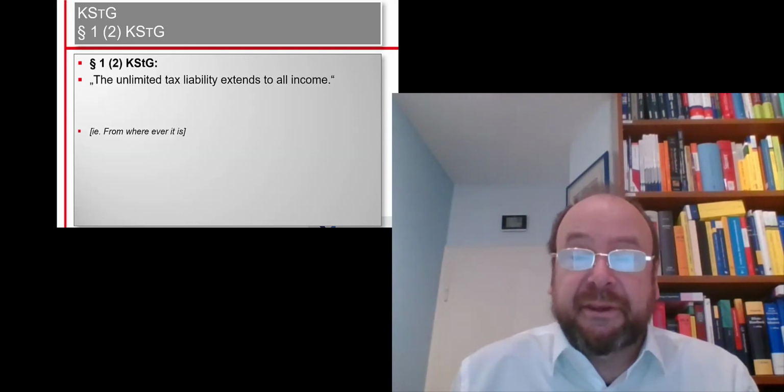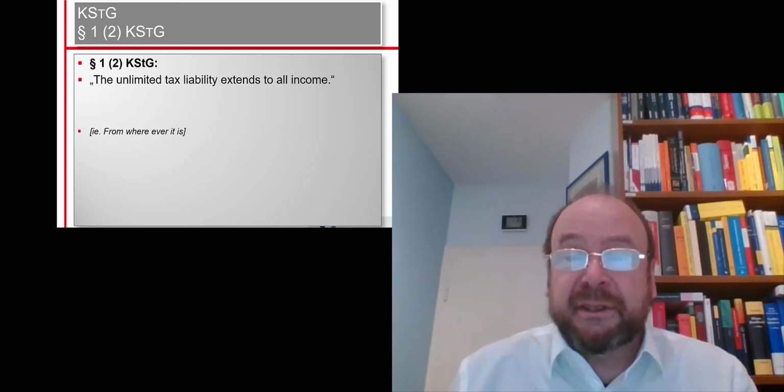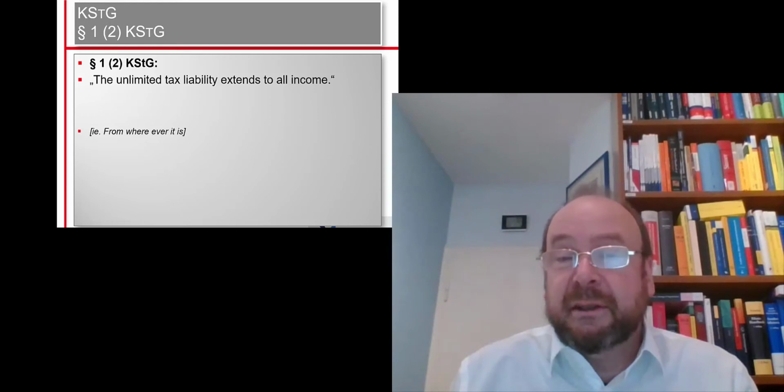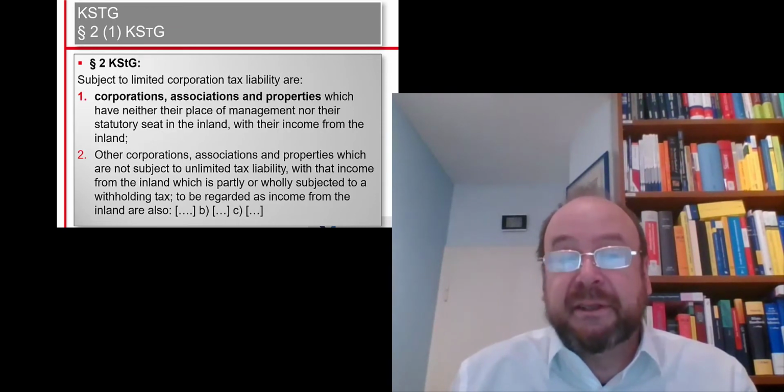To clarify that they need to pay tax on the worldwide income, you have here section 1, paragraph 2, KStG, Körperschaftssteuergesetz, Corporation Tax Act, which says unlimited tax liability extends to all income, to your worldwide income. That's meant.